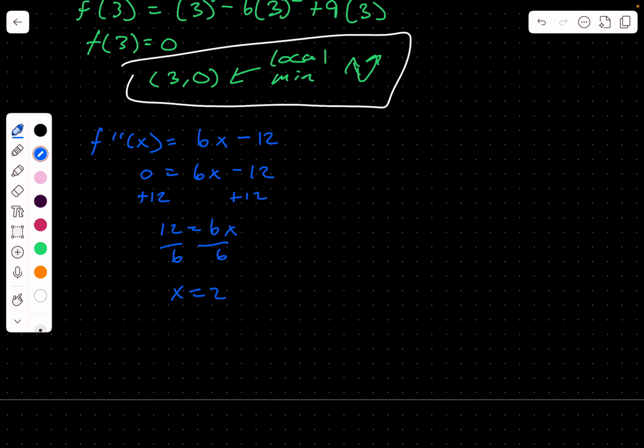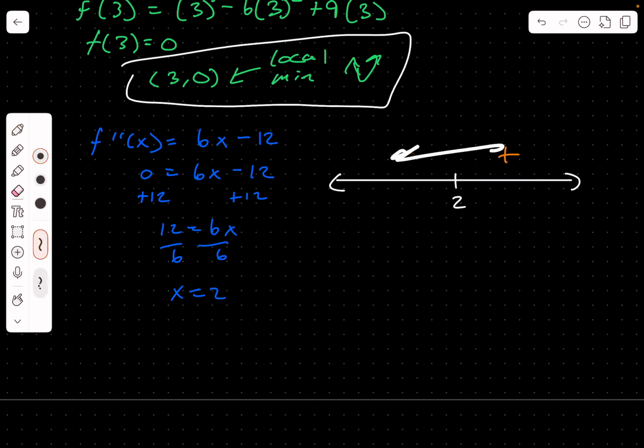Therefore, we have to draw a little number line, label our 2, and we must pick a number before and after this 2 so that we can figure out if it's actually an inflection point. If we get a change in signs from negative to positive when we plug in our 2 chosen values, then that's going to indicate that x equals 2 is an inflection point.